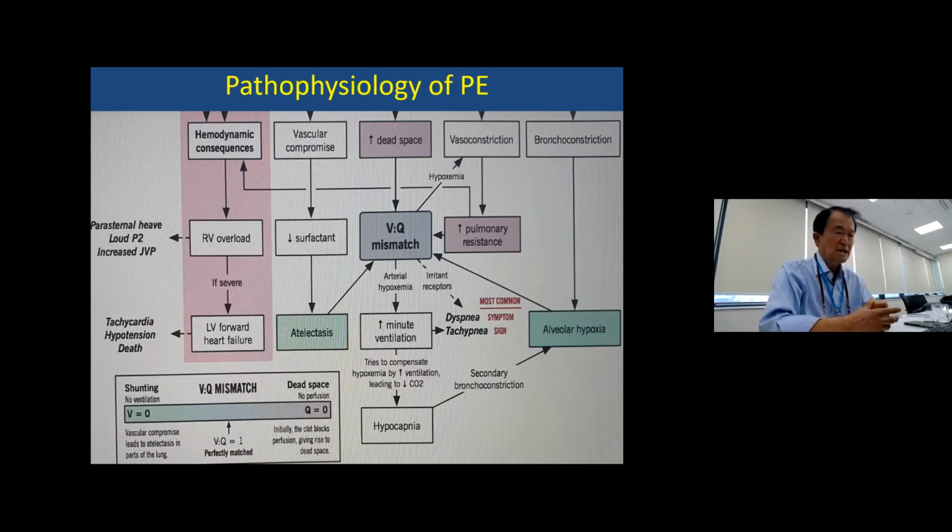But if the perfusion study shows more than 2 segmental defects, then that's called high probability. That certainly makes sense together with the D-dimer study.